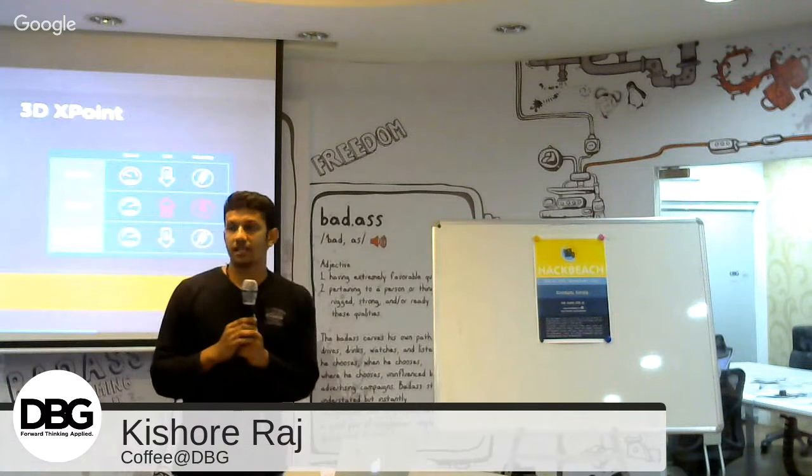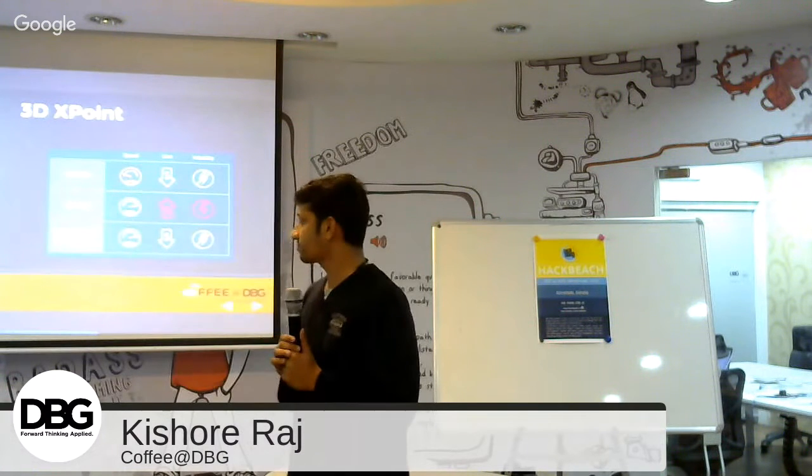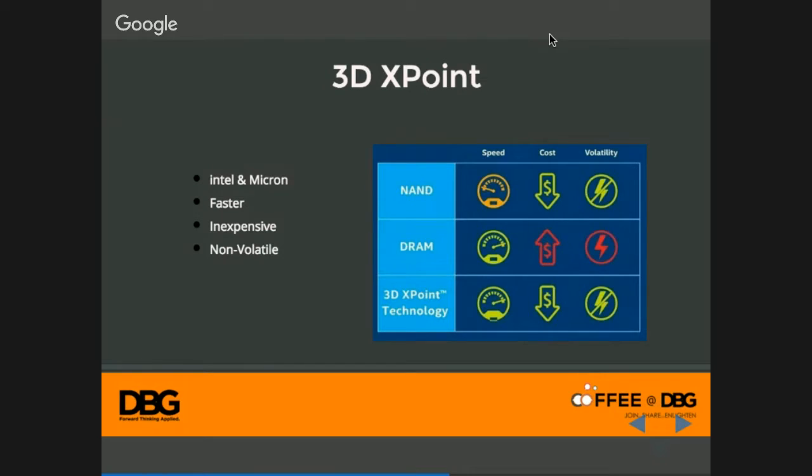So next one is 3D Crosspoint. Intel and Micron introduced a new non-volatile memory technology, 3D Crosspoint. We know that DRAM is faster, but it's very expensive and volatile. But NAND memory is very inexpensive and non-volatile, though compared to DRAM it's not that much faster.